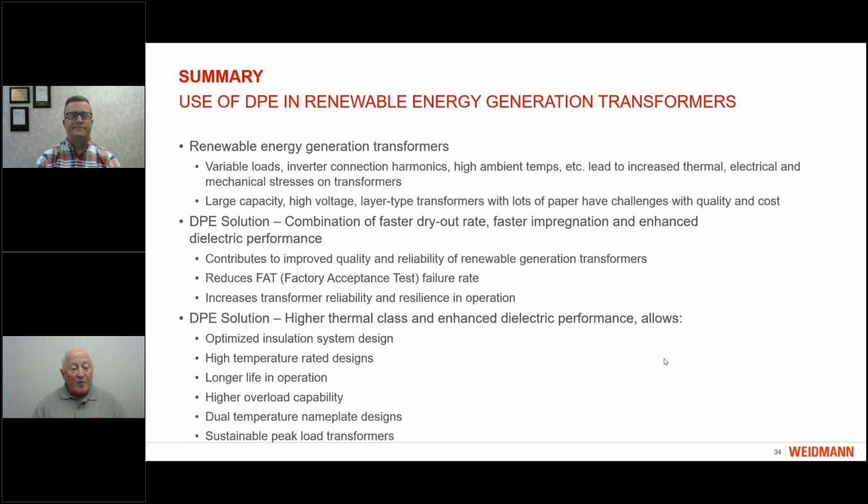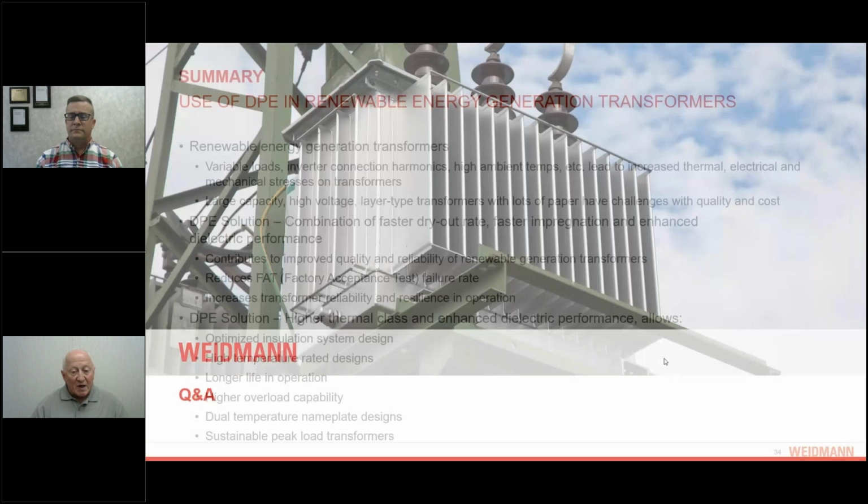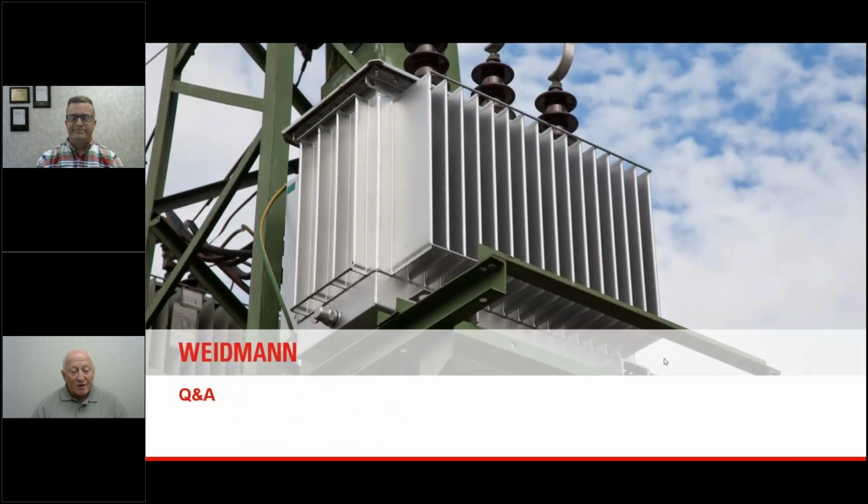And then we talked specifically about the higher thermal capability of the proposed enhanced system, and the fact that this can be used for optimization of the insulation system, high temperature rating design, longer life in operation, higher overload capability, and also the interesting concept of dual temperature nameplate designs, or as it's called in Europe, sustainable peak load transformers. So I think this concludes our webinar, and thank you very much for your attention.